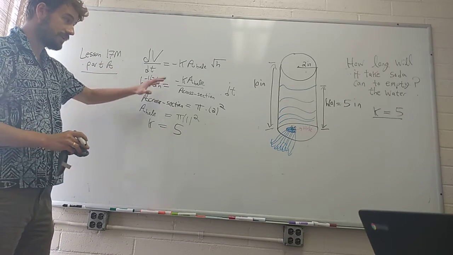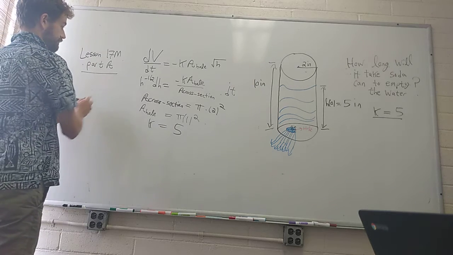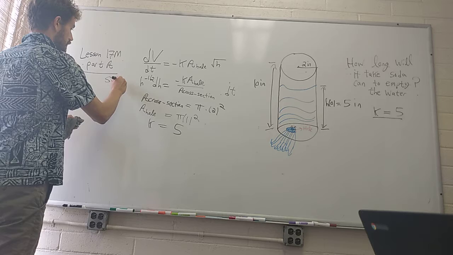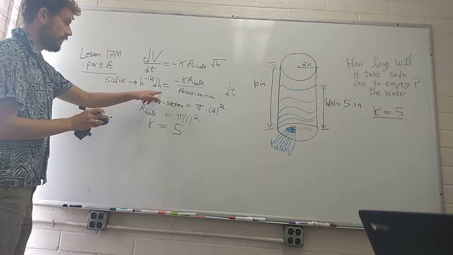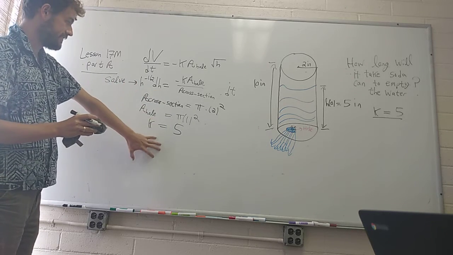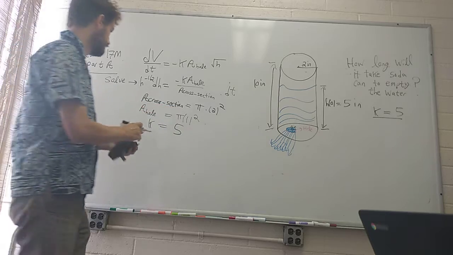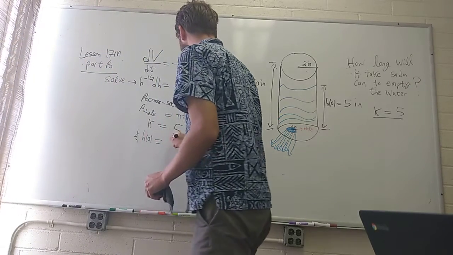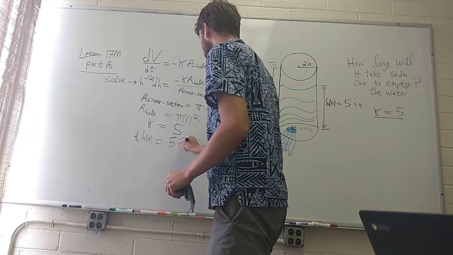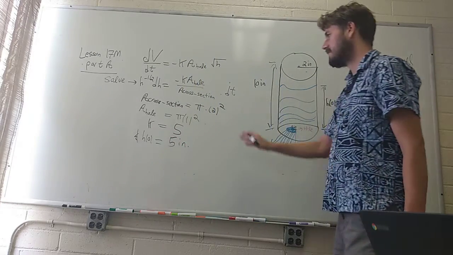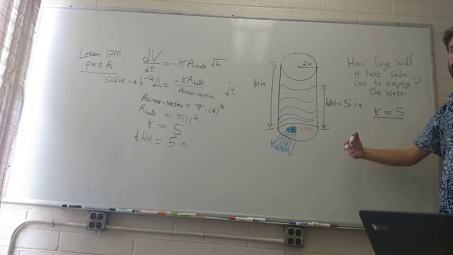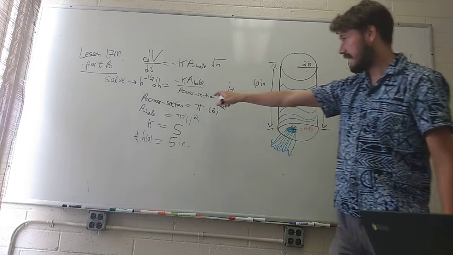So it really just reduces to: solve this equation with these constants and h of 0 being 5 inches. Now this is going to give us a formula for h of t. Once we have that formula, we're going to solve h of t equal to 0. So let's see how this can be solved.